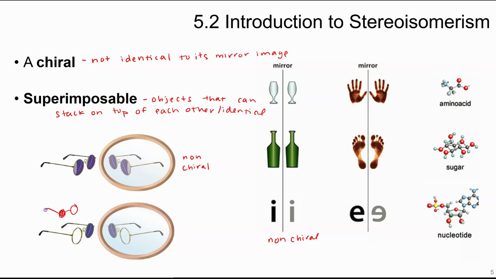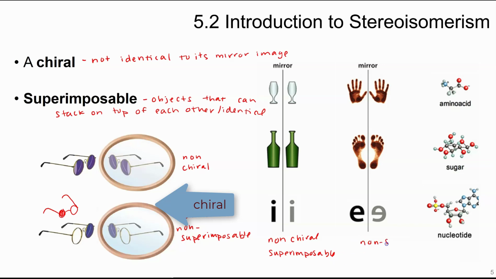This one would be the shaded one, and then you have the unshaded one, and you could not stack those on top of each other, so these ones are chiral, and these are non-superimposable. So all of these things here are superimposable. And these are non-superimposable. So there's no way that you can stack your two hands on top of each other and have them match up correctly because they're mirror images of each other.